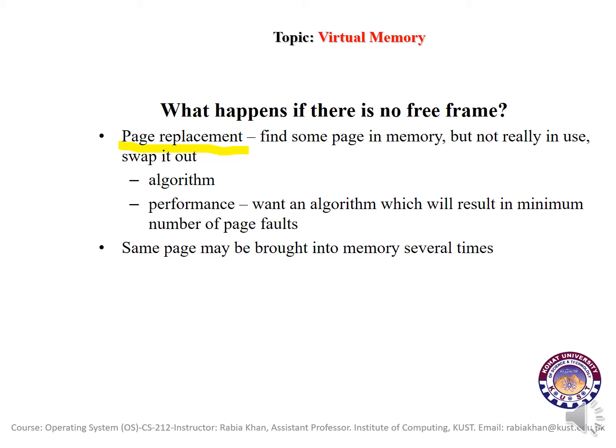The page that is swapped out is generally the one which is blocked. The blocking state, you already know, is the one in which the page is not running on the CPU, rather it is waiting for some event, for some user interaction, for some hardware resource, or for some other event.